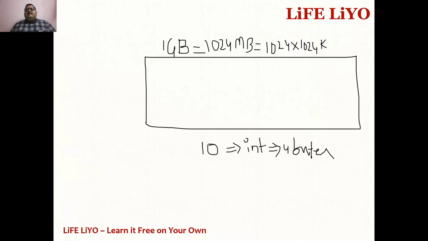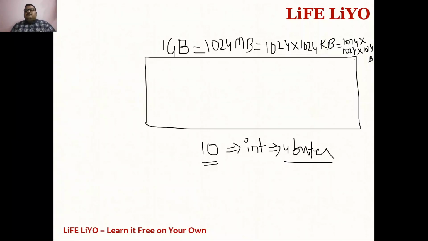Then again 1024 into 1024 bytes. That means for 4 bytes out of this 1 GB, if I want to store 10 in my memory, it will be at any place or any point of that particular location. We don't know where it is going to be stored.